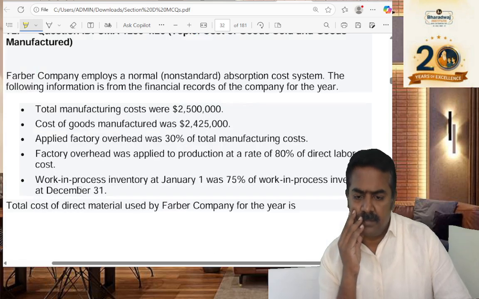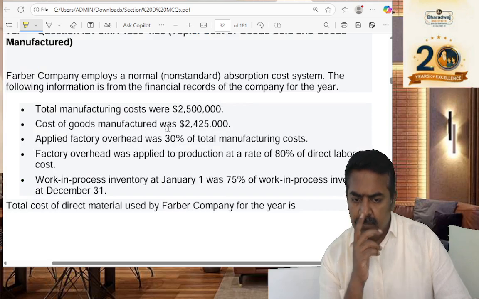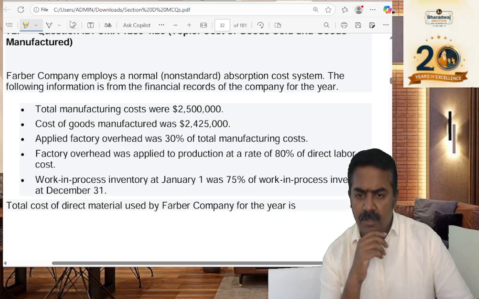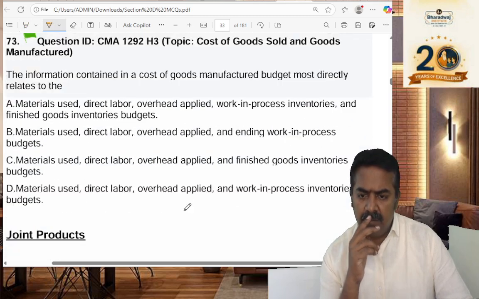Next. Equivalent units are not covered, eliminated.